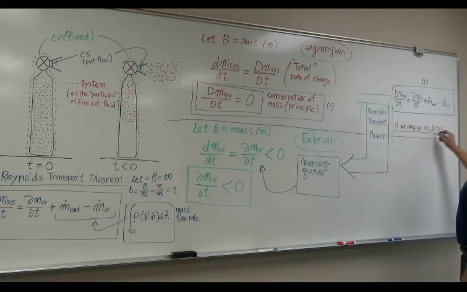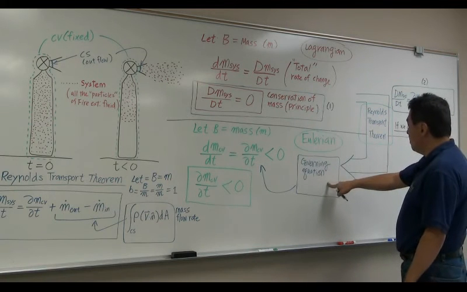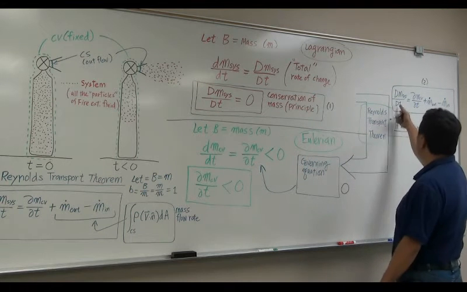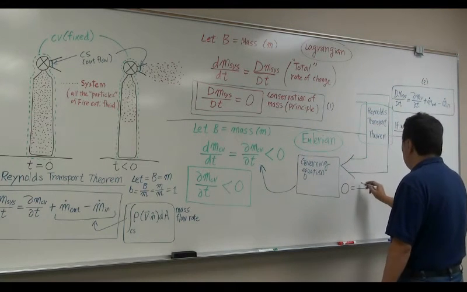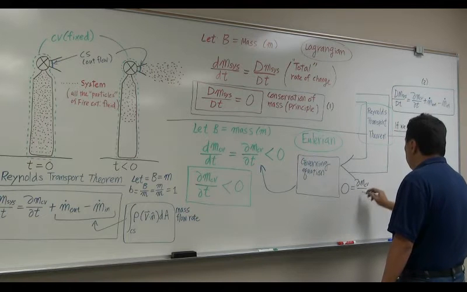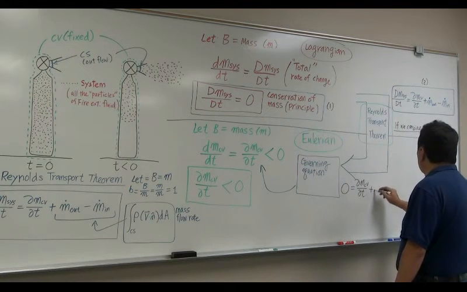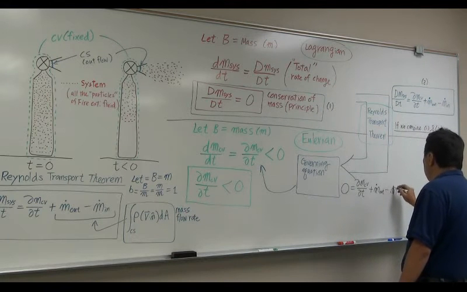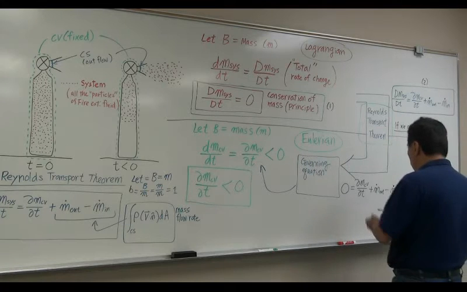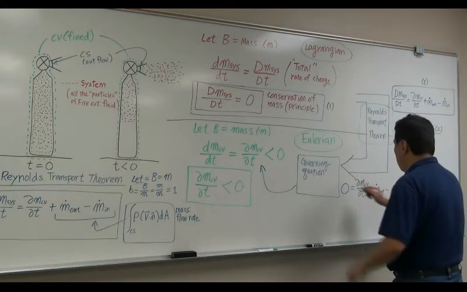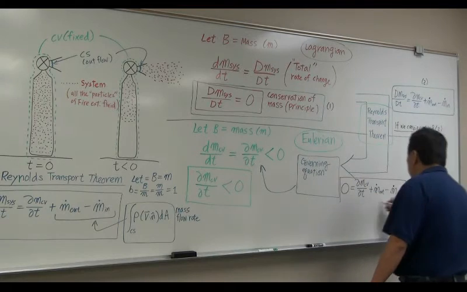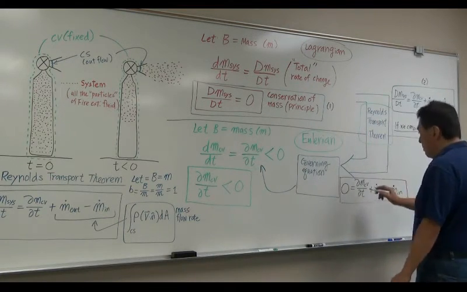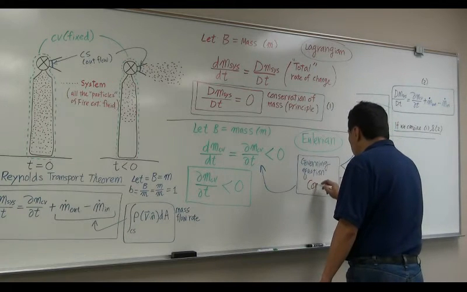Oh, okay. So we come up with a governing equation called the continuity equation, which is 0 equals dm_CV/dt plus m dot out minus m dot in. So I got this equation by combining Reynolds transport and the conservation of mass principle. This is called the governing equation of continuity.